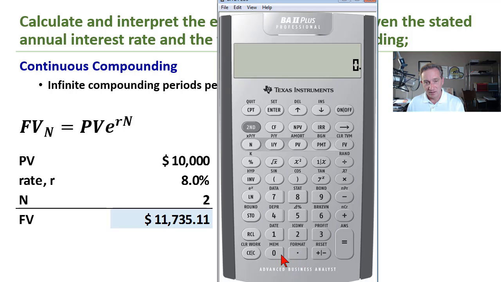I say 0.08 is my R, multiplied by 2 is my N. So my exponent here is 0.16, and it's e raised to that power, so I need to know my calculator well enough to know that I need to go secondary function, hitting this key because that's my e to the x right there. I've determined my multiplier, so I can multiply that by my present value of 10,000, and I get the future value.